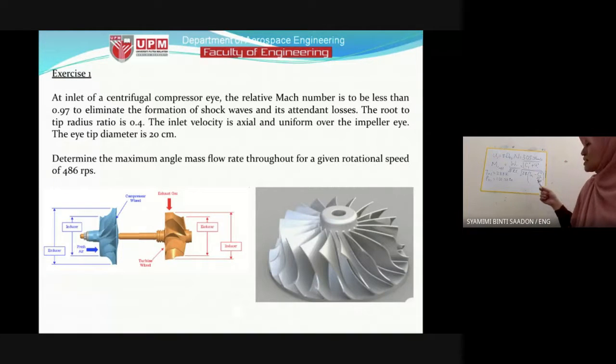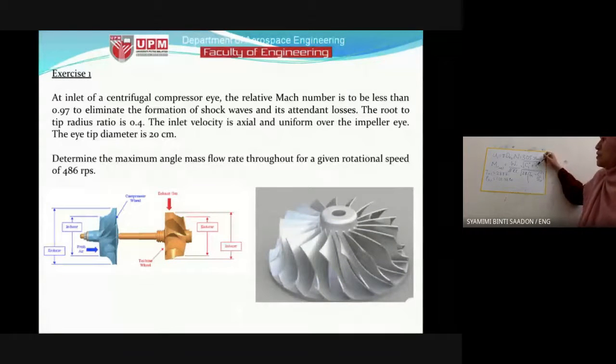The dynamic temperature is the kinetic part, C1 squared, the absolute velocity, over 2Cp. This is from the total, static, dynamic relation. We change T1 to T total minus the dynamic temperature.